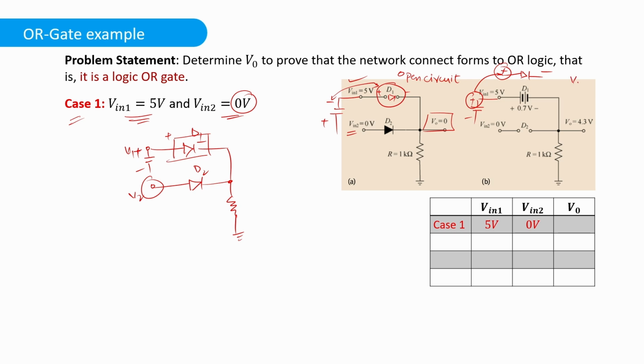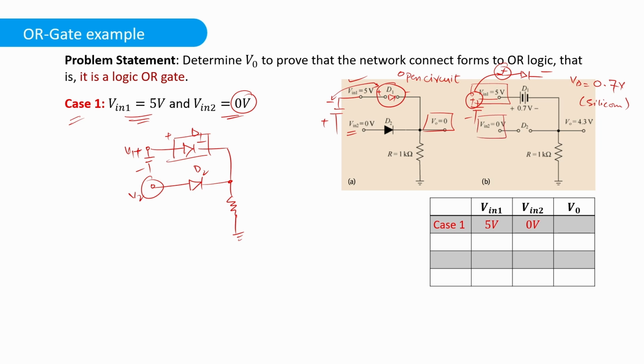And we know that the voltage drop across a diode is 0.7 volts. Okay, we know this. And this is for the diode made using silicon material.